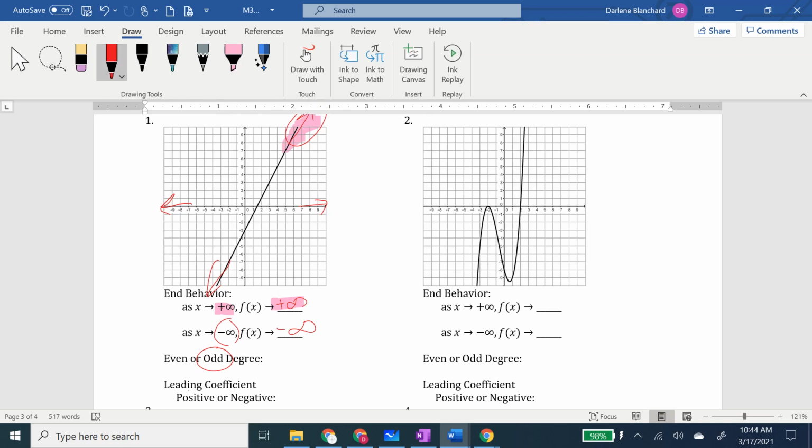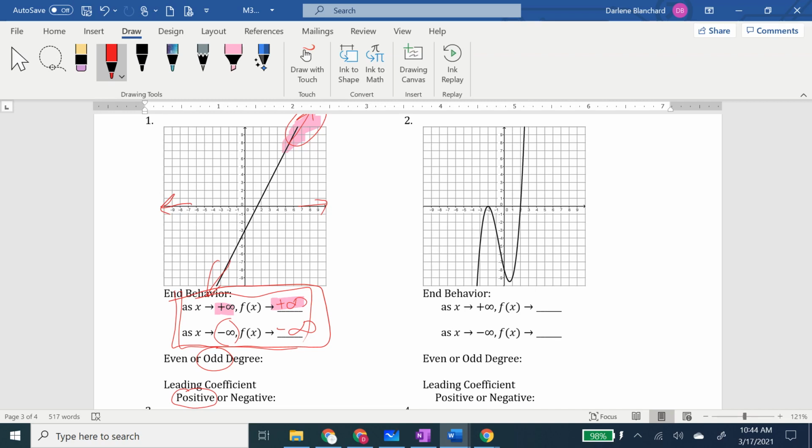That means positive leading coefficient. Know that the reason I'm having you write this down is because you're expected to get used to this formal writing right there. And I'm trying to continue to show you this formal writing with the visual picture to help you see exactly what it's saying.